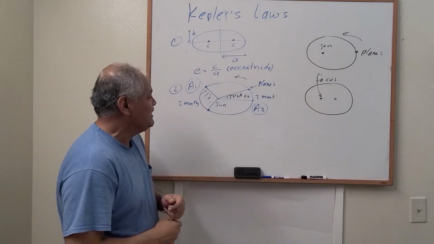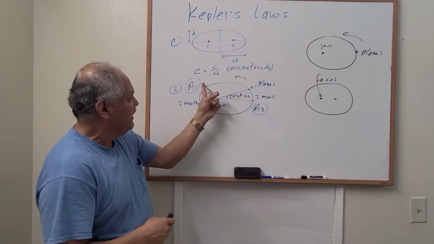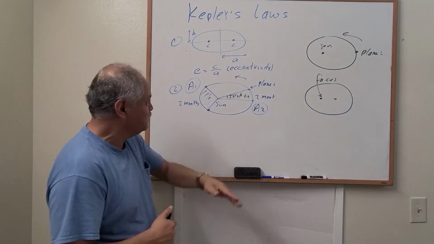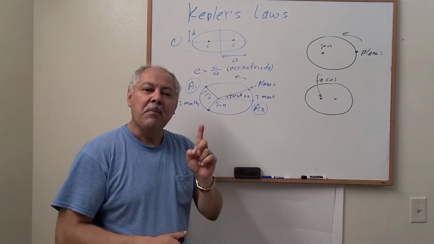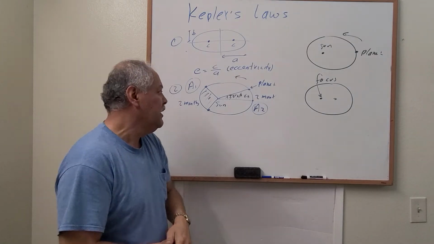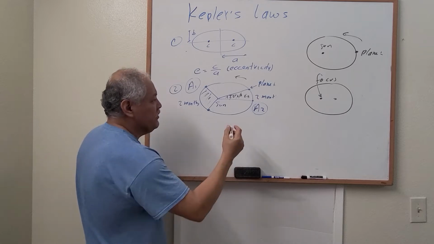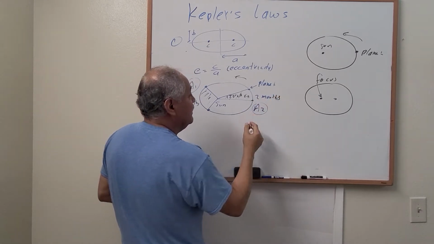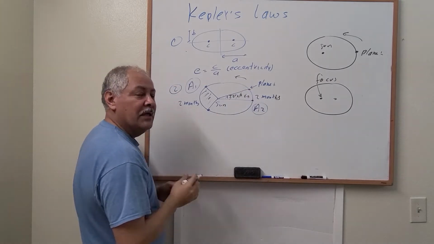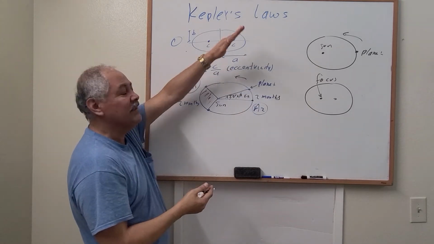Now let's go to Kepler's second law. Kepler's second law says that when a planet moves in an elliptical path around the sun, it sweeps out the same areas in the same amount of time. For example, imagine that the planet is right here at this instant, and after 2 months the planet is right here. Now let's see what is the area swept out by the planet.